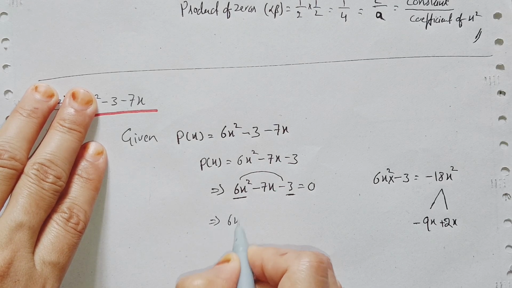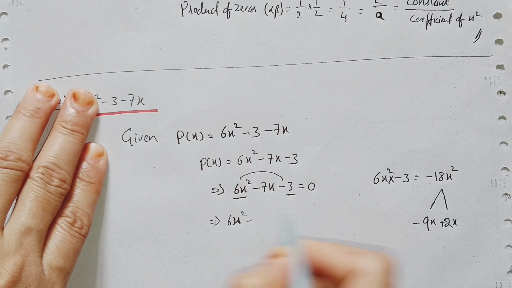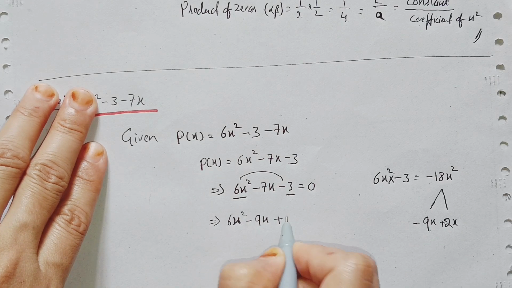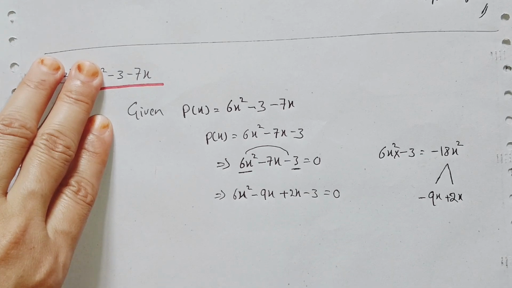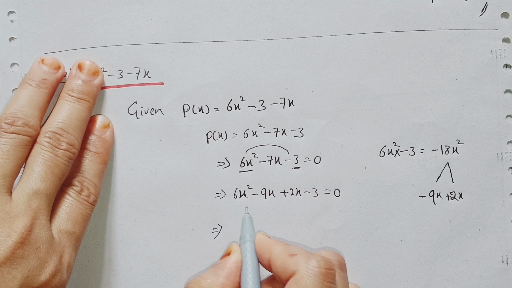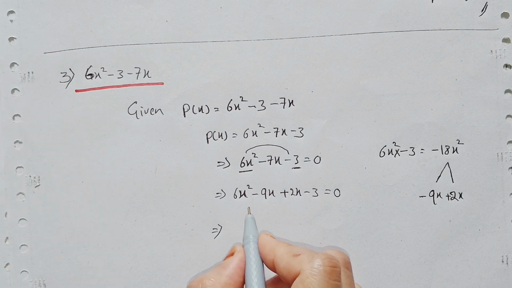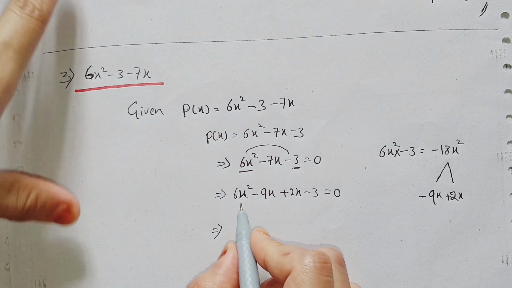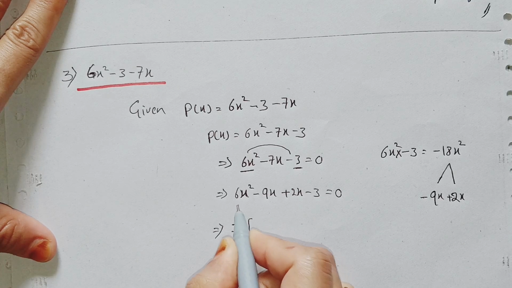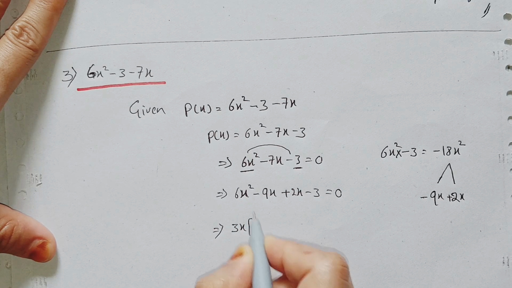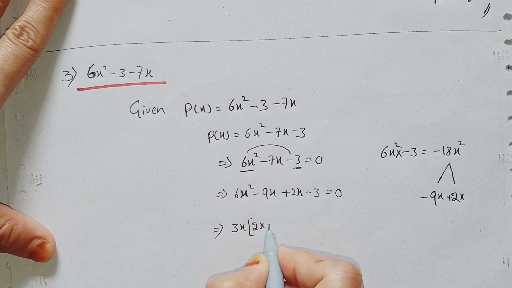6x square minus 9x plus 2x minus 3 equal to 0. Here what I am doing, here I am taking out 3x as common. 3x common, then the left will be 3 2 6 and x into x square.